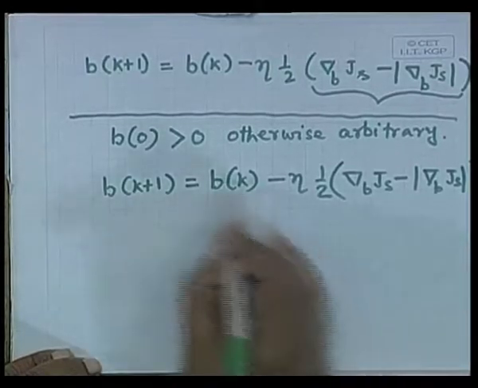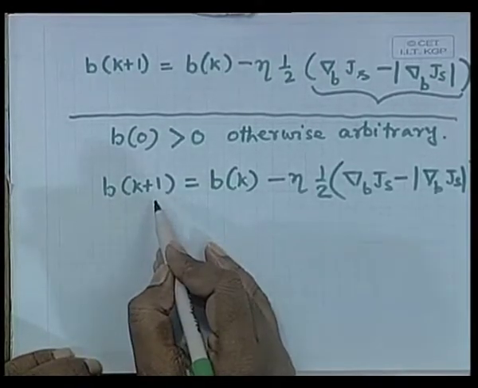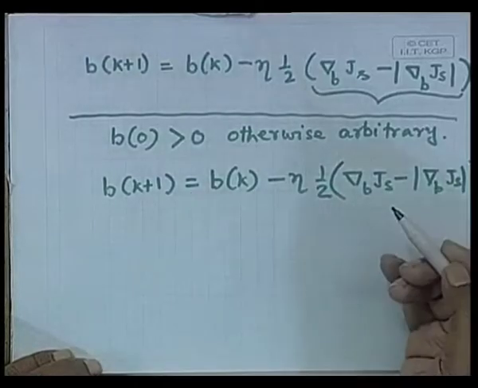Once I have a particular value of B, I can use that B to compute the value of A, either making use of the pseudo inverse or following another iterative algorithm for obtaining A by using the gradient descent procedure with the gradient of J s with respect to A. That is similar to what we discussed in our last class.